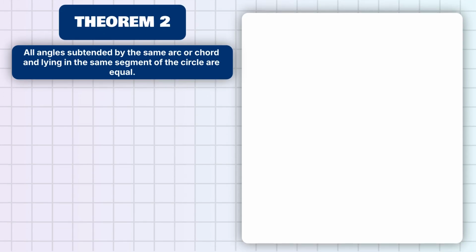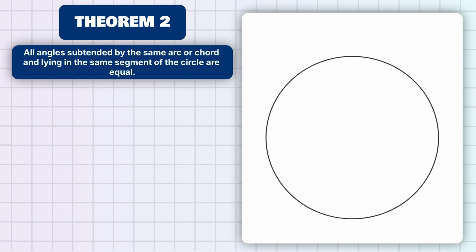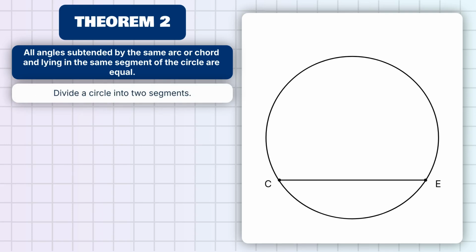Let's now turn our attention to another interesting property of circles. All angles subtended by the same arc or chord and lying in the same segment of the circle are equal. To see what this means, let's begin with a circle and divide it into two segments labeled 1 and 2 like this.